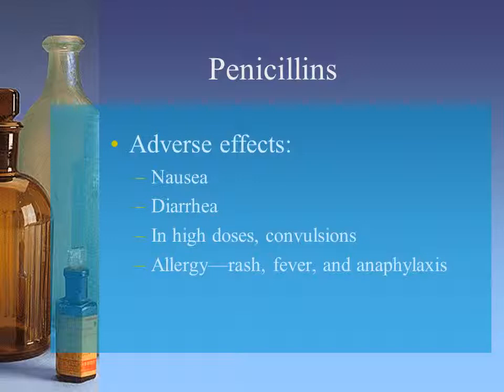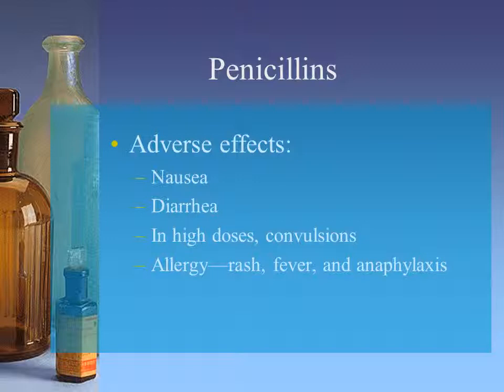So specifically though with penicillins, what are some of the serious things we need to watch for? As a drug class, penicillins cause the highest incidence of drug allergies. So the most incidence of drug allergies recorded come from the group of antibiotics called the penicillins.